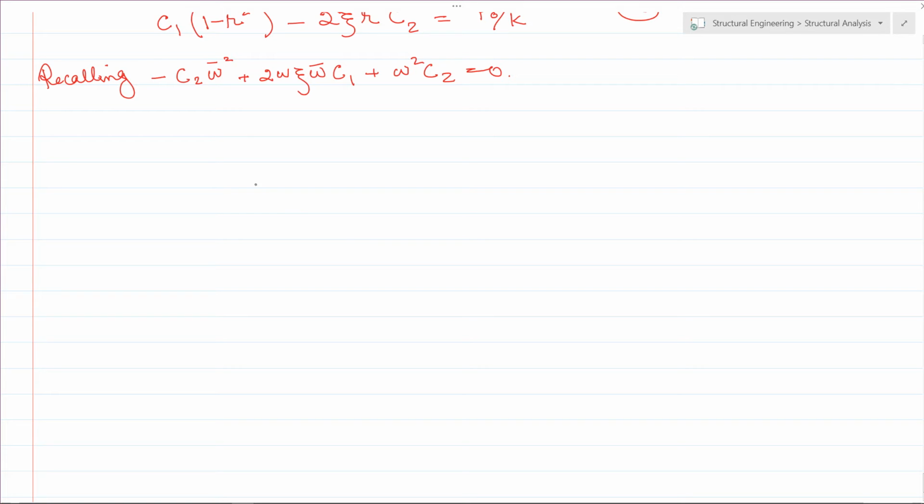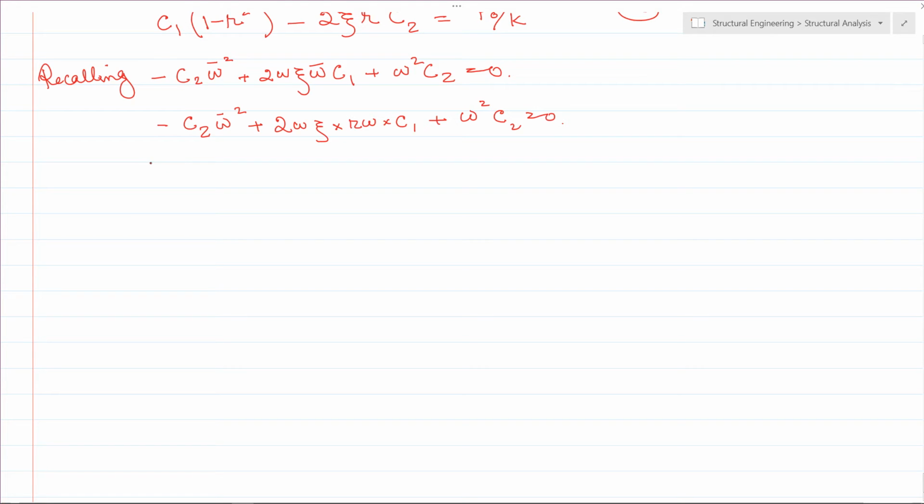Now we can do some mathematics over here. That will be minus C2 omega bar square plus 2 times omega into xc, where omega bar is nothing but R into omega, multiplied by C1 plus omega square C2 equals 0.